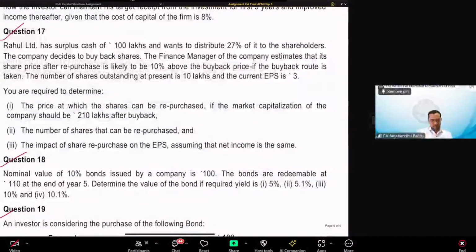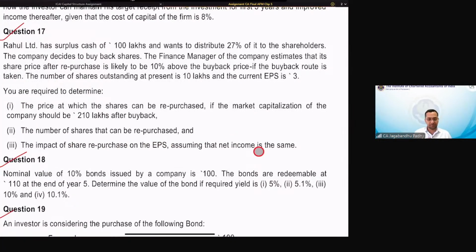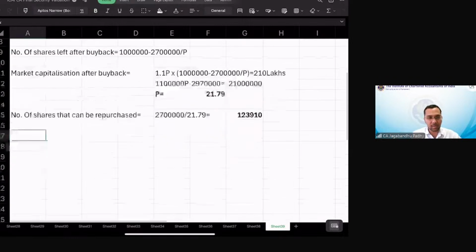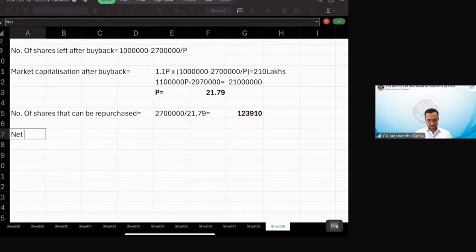Then the impact of share repurchase on EPS, assuming that net income is the same. We need to get the net income.